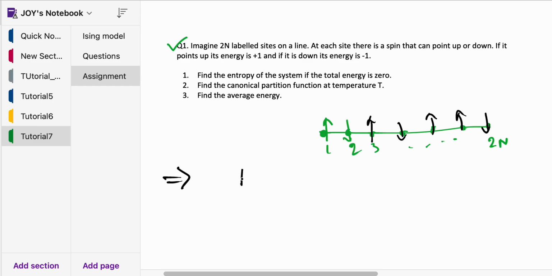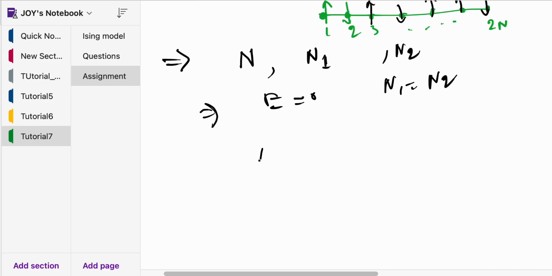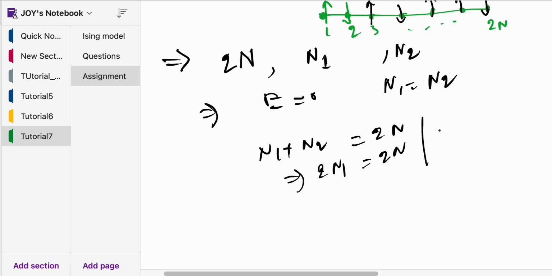That means if there are total 2n particles, with n1 particles in upward direction and n2 particles in downward direction, then the total energy will become 0 when n1 becomes equal to n2. That means n1 plus n2 becomes 2n. Since n1 equal to n2, 2n1 is equal to 2n, so n1 equal to n2 equal to n.